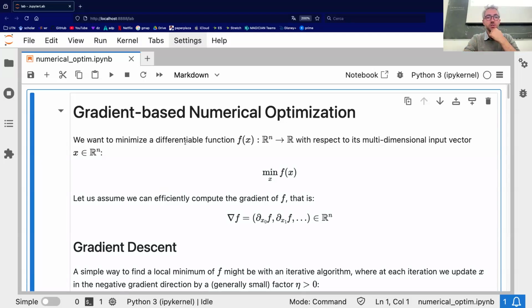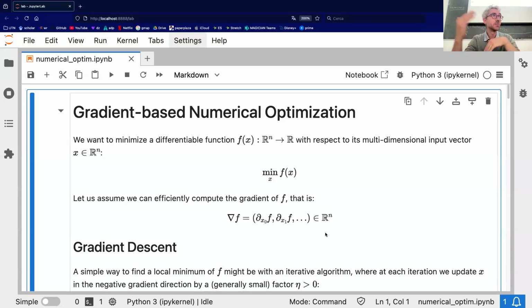So if this function is differentiable, then it means that it has a gradient. And the gradient is going to be a vector. Each element of the vector is the derivative of the function with respect to one of its input variables. So the gradient is going to have the same dimension as the variable x.